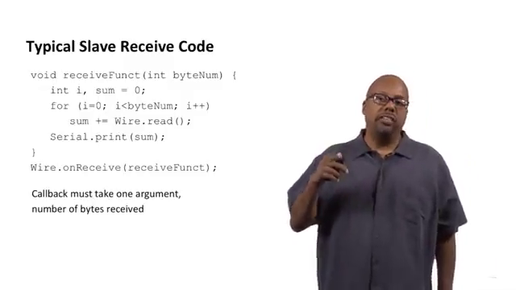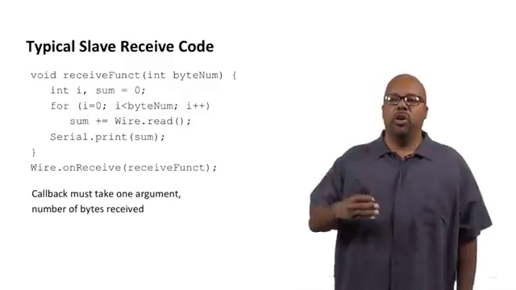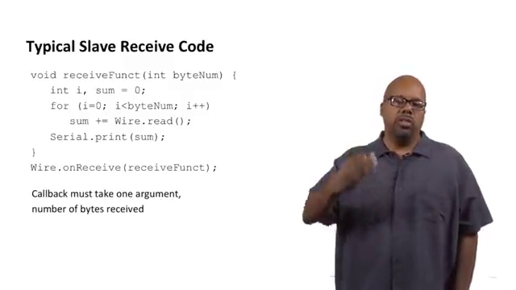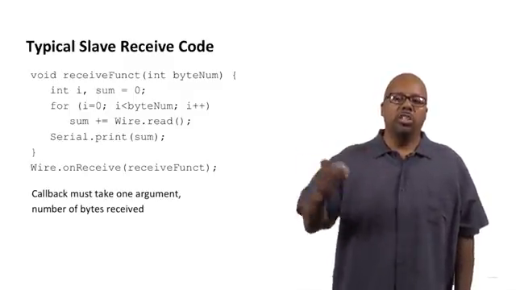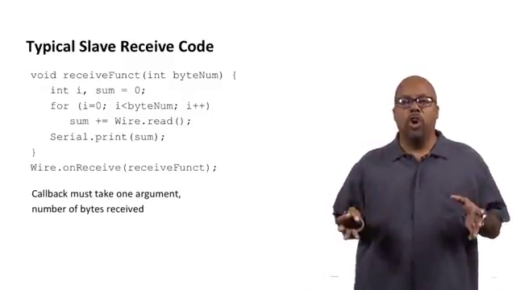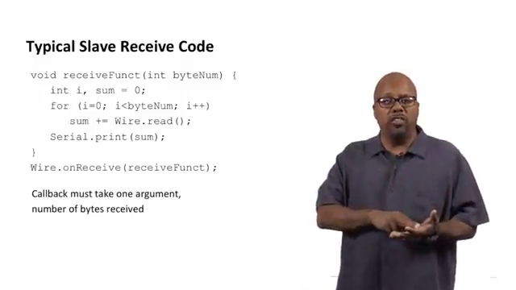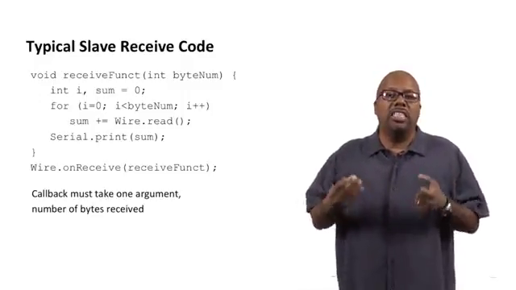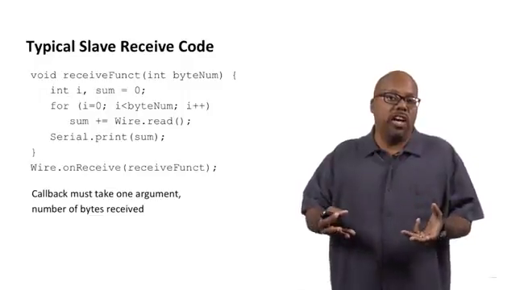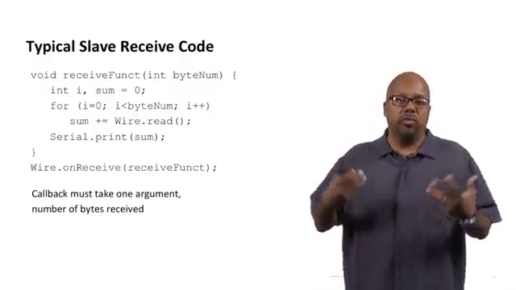And you can see how inside the function it's using byte num in the for loop. It's saying i equals 0 while i is less than byte num because it wants to call read once for every byte that's received. So receive func is called a callback function. When you call wire.onReceive, you pass it an argument, which is the name of the callback function which you've defined. And the name can be anything you want. In this case, I call it receive func, since that's a reasonable sounding name.